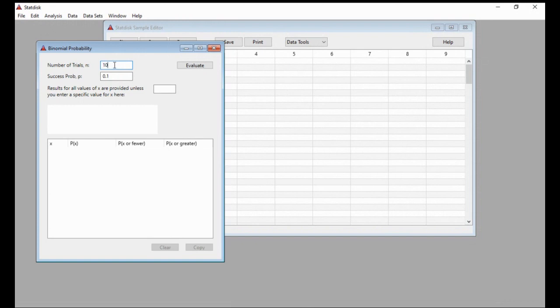So we have n equal to 50, and p was 0.02.